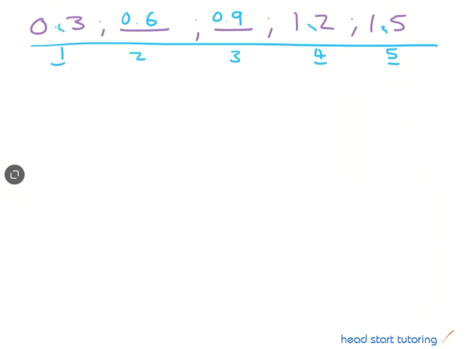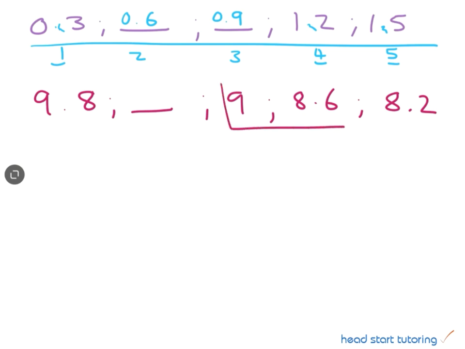Let's have a look at another sequence. 9.8, 9, 8.6, and 8.2. So what we need to do in these sorts of sequences is pick the numbers that are next to each other and see if you can figure out some sort of pattern.